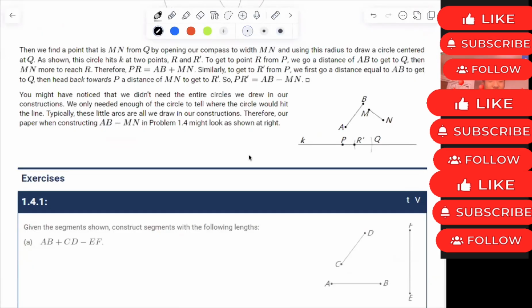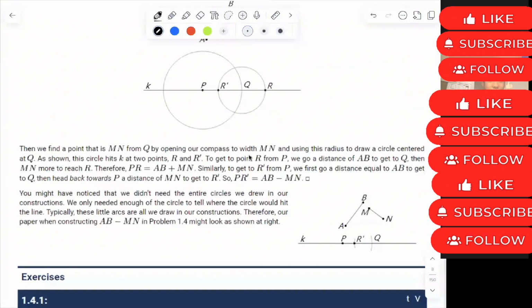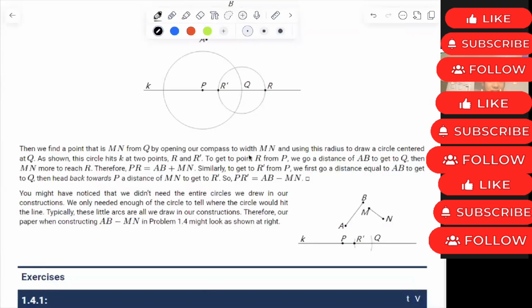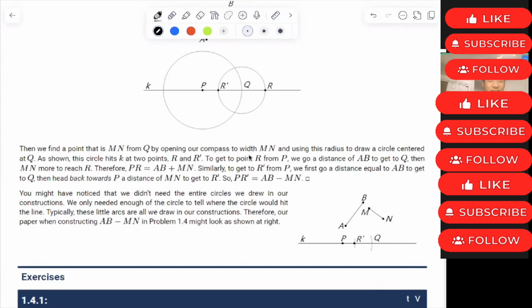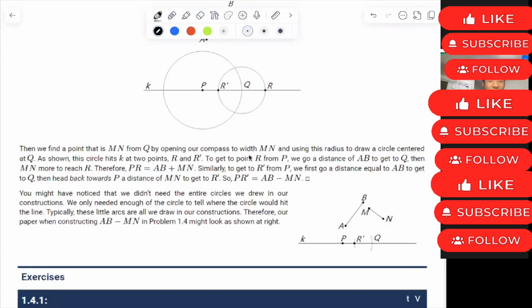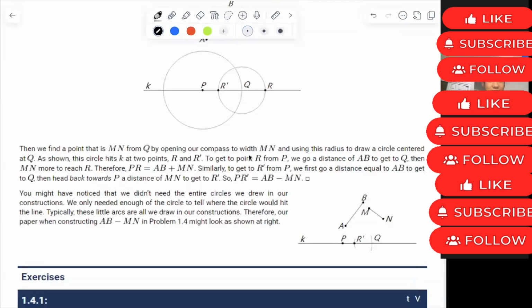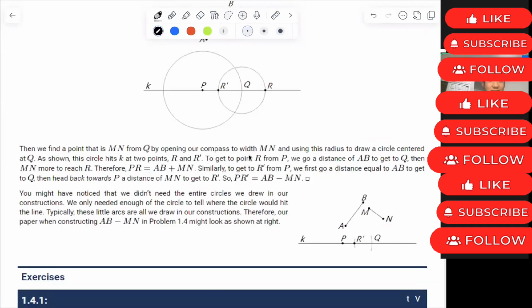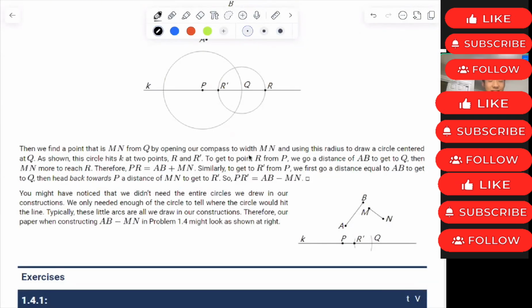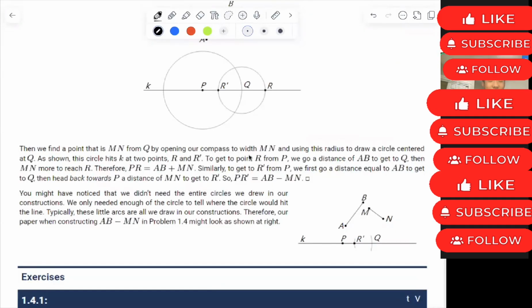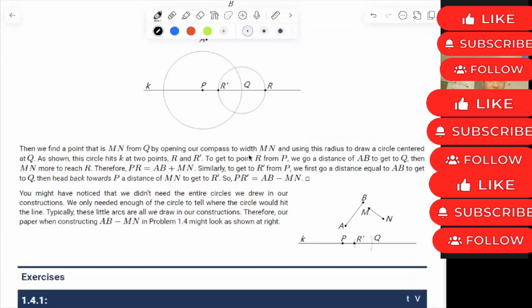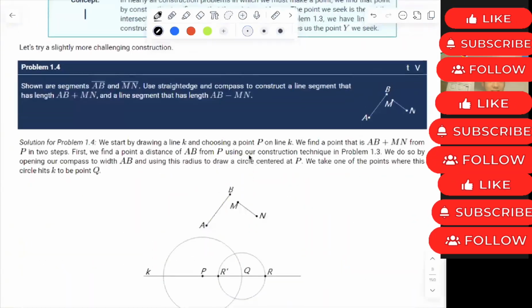Then we find a point MN from Q by opening our compass to the width MN and using the radius to draw a circle centered at Q. As shown, this circle hits k at two points, R and R prime. It just basically proves how we can do this. And then we have AB minus MN. What does it look like? It looks like that. And that's it.